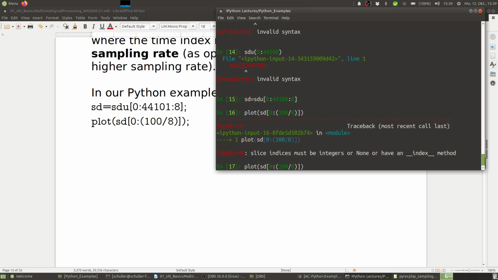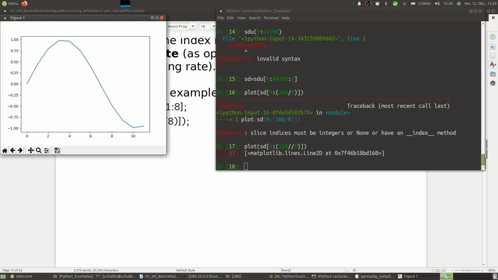And here we need to have 2 slashes. That's also interesting because that's a change from Python 2 to Python 3, because in Python 3 division always results in float values, whereas in Python 2 it was an integer. Here you get the same behavior by using a double slash.